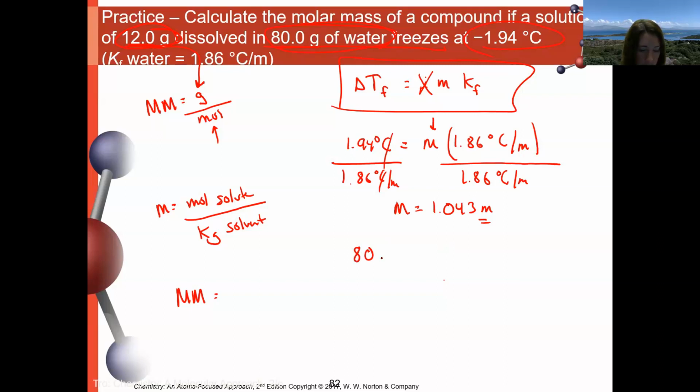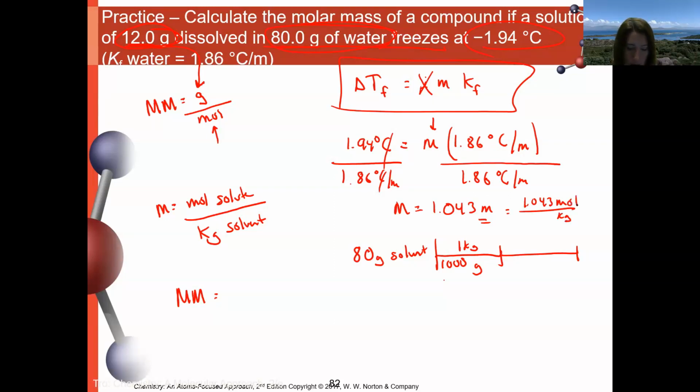I have 80 grams of my solvent, and there's 1,000 grams in 1 kilogram. And molality, again, is 1.043 moles per kilogram. So in 1 kilogram, there's 1.043 moles. Oh, that'll get me to moles, right?